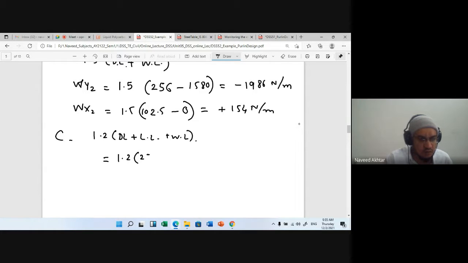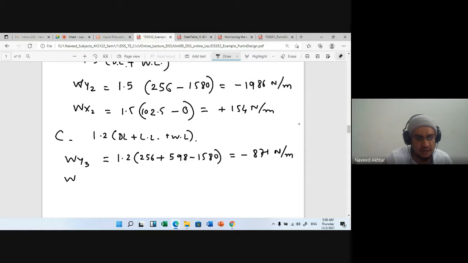dead load, ours is 156, in the y direction, plus live load 598 minus 1580 is wind load, so it will be coming minus 871 Newton per meter.